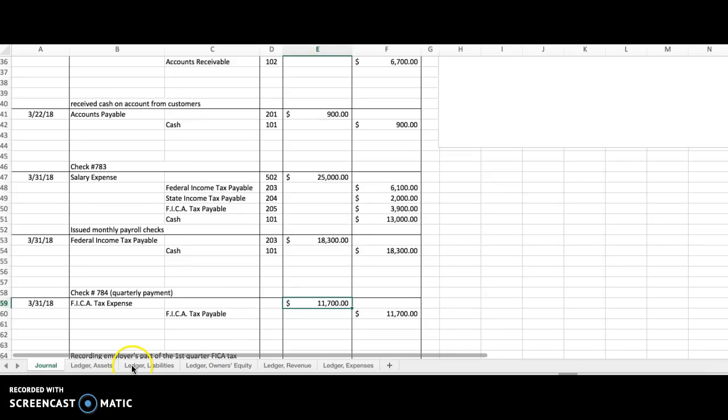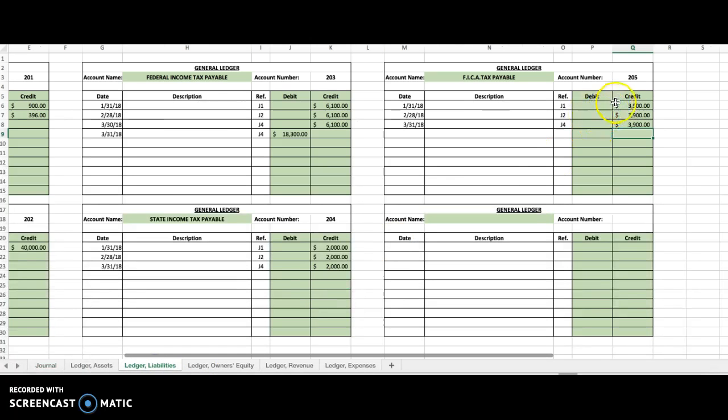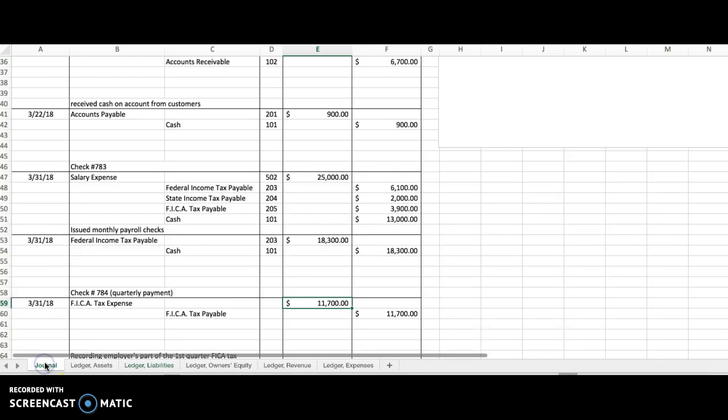Well, where did that come from? It came from FICA tax payable. If we went back to the liabilities and added up these three amounts that we withheld from the employees, it totals $11,700. So if that's their half, we have to pay our half, which is $11,700.